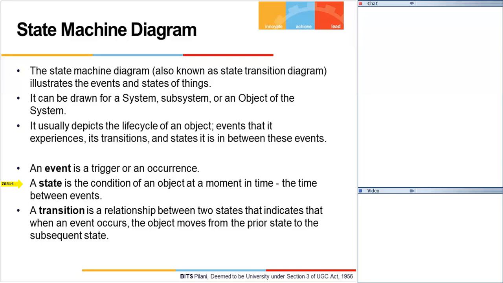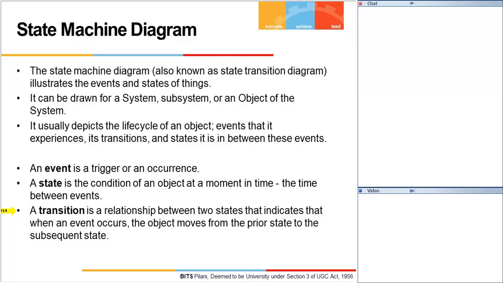So an event triggers the transition of an object or system from one state to another, from one condition to another, right? Okay. And what is a transition? A transition is a relationship between two states that indicates when an event occurs, the object moves from the prior state to the subsequent state.